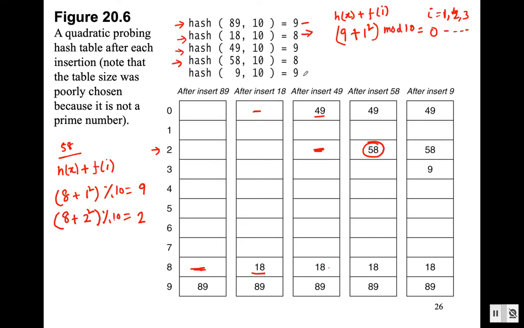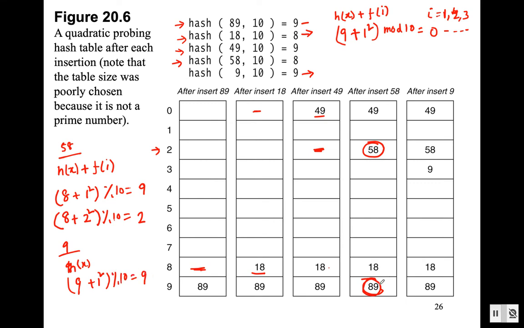All right, then let's insert 9 again. The cell 9 has a value, so collision. How are we going to resolve that? h of x, which is 9, plus 1 square mod 10, which is 9.